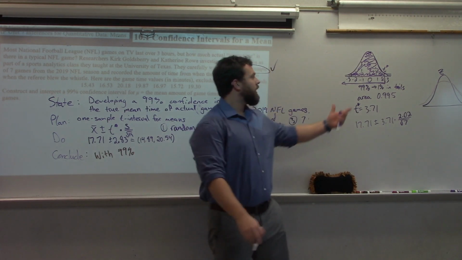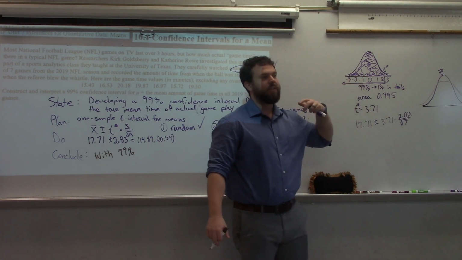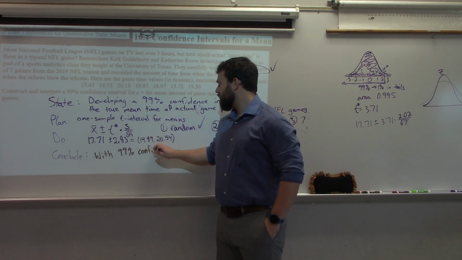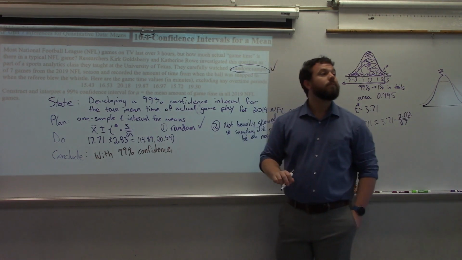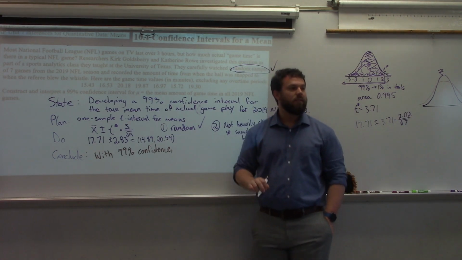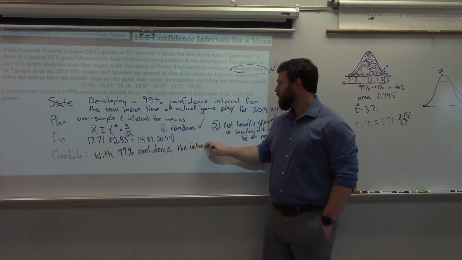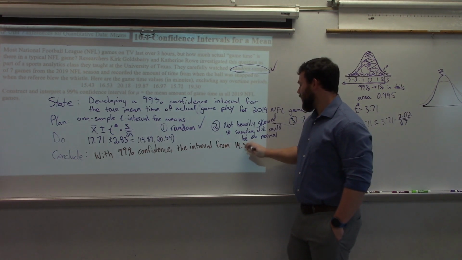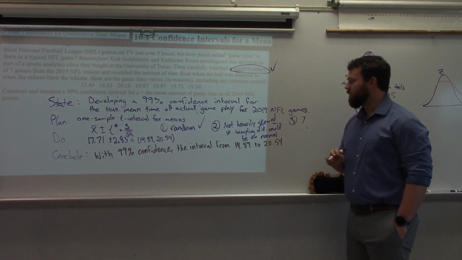No, because remember, that's what we had to do to get the T score, right? What's the confidence interval? 99. So with 99% confidence, what comes after the confidence? The interval. What interval? From 14.89 to 20.54 does what?